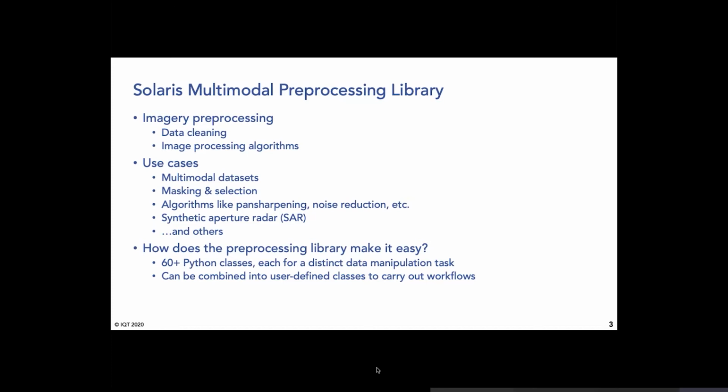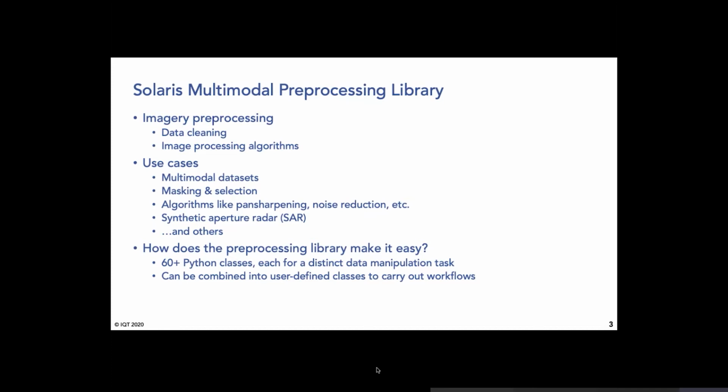In particular, analyzing synthetic aperture radar or SAR imagery is one area where these kinds of preprocessing algorithms are very important, because with SAR imagery, one starts with complex imagery. The value of each pixel is a complex number because it encodes phase information as well as magnitude.